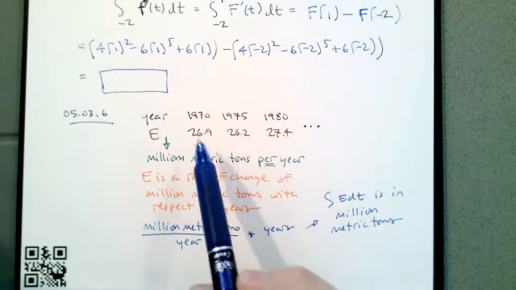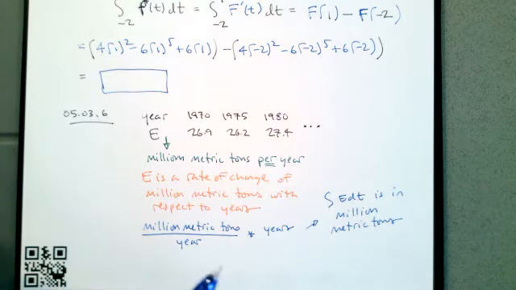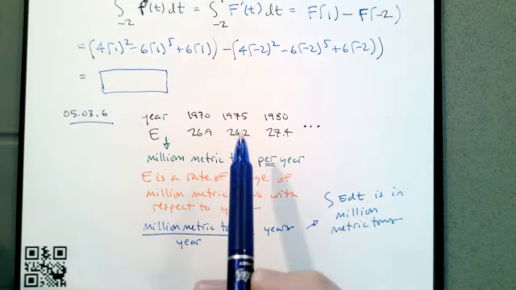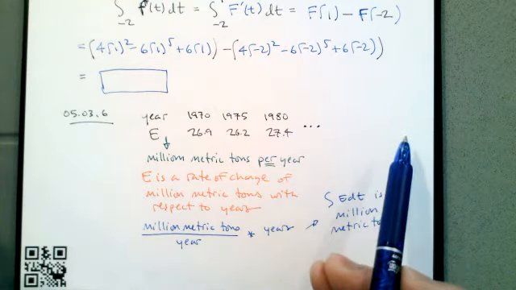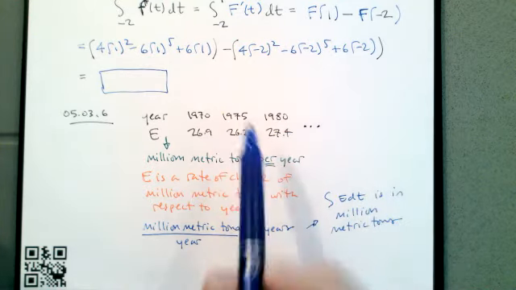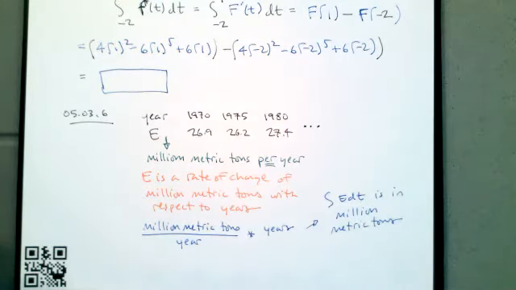That's not important for this particular problem because we're just directed to do left and right. So just do 26.9 plus 26.2 plus 27.4 plus all the ones except the last one. Add those up and multiply by 5. Because that's all we're doing when we're integrating anyway, is just adding up a bunch of values of the function.